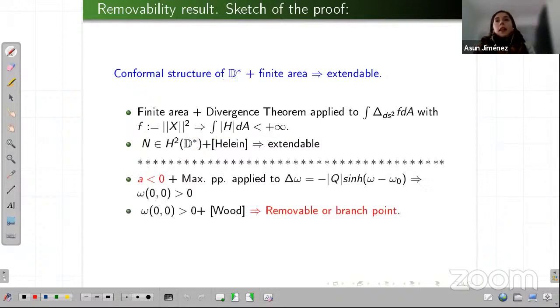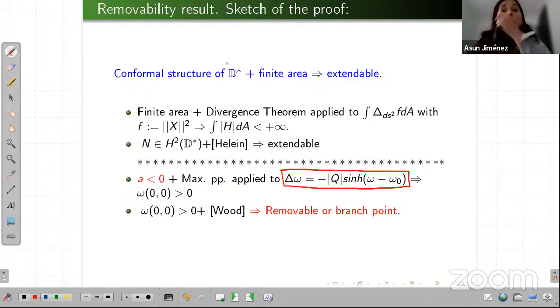Why can we say a little bit more when A is negative, that is when the surface is convex? That is because when A is negative, this equation, the Gaussian equation for your surface, implies that omega is a superharmonic function. It is a positive superharmonic function, and you have the conformal structure of a punctured disk. So you can apply the maximum principle in a proper way.